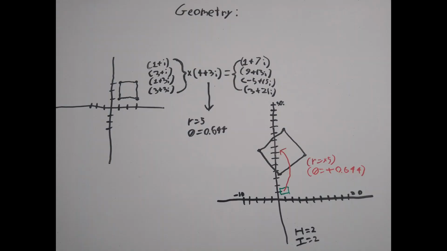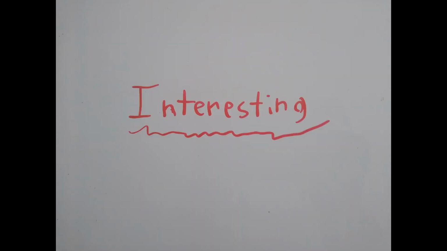Since 4 plus 3i equals 5 times e to the i 0.644, multiplying complex numbers by 4 plus 3i happens to multiply the radius by 5 and add 0.644 radians to its position.